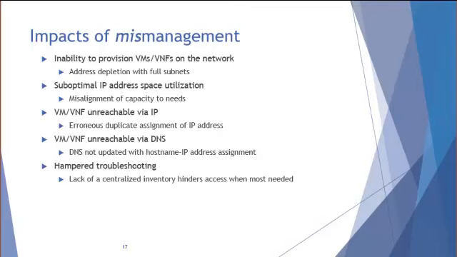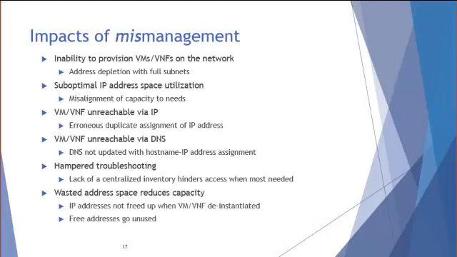Troubleshooting: you really need to know your IP address space, what IP is assigned to what device, in a manner other than querying the cloud. Let's say your cloud infrastructure is down, or your link is down, and that's really the time when you might need to access it through the internet or some other network to perform some troubleshooting, and that's where you would need to know what IP addresses are associated with those different resources in your cloud.